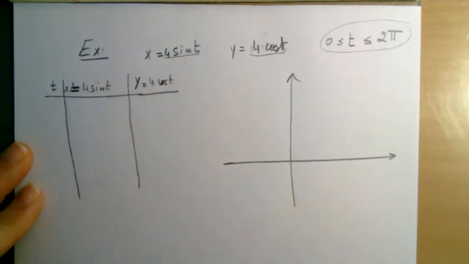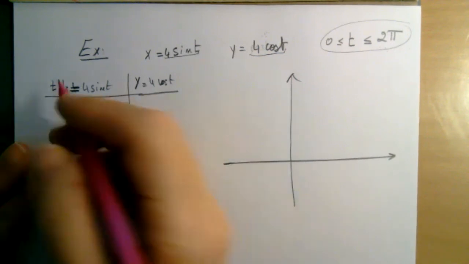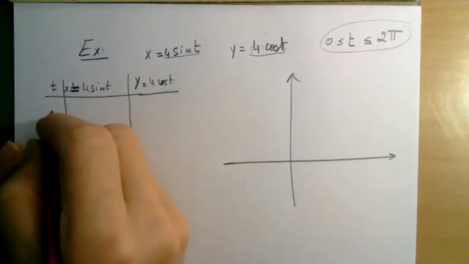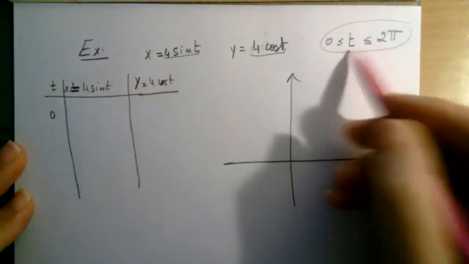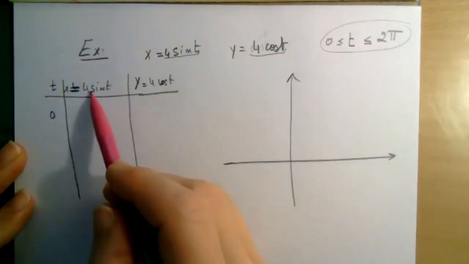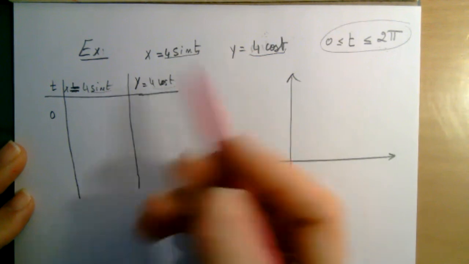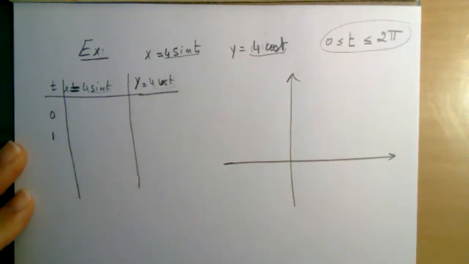So let me describe this curve. Initially, I have to take values of t. Now, because t is between 0 and 2 pi, and because I'm computing a sine and cosine, will it be smart to take t equal 1? What do you think? Yes? So you go figure out sine of 1. I don't, because I don't know it.